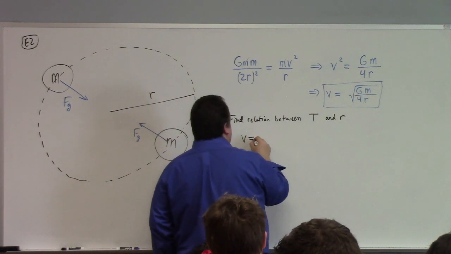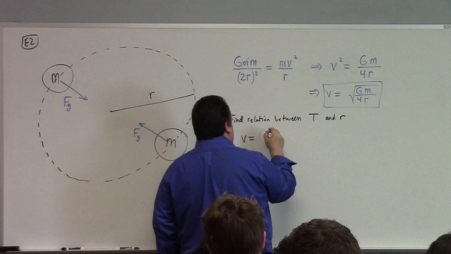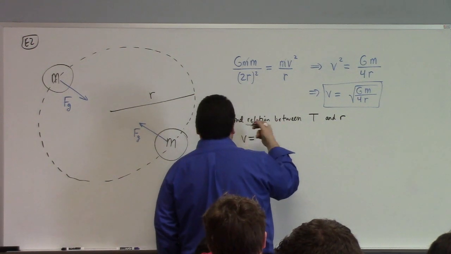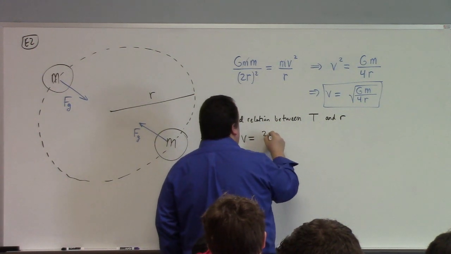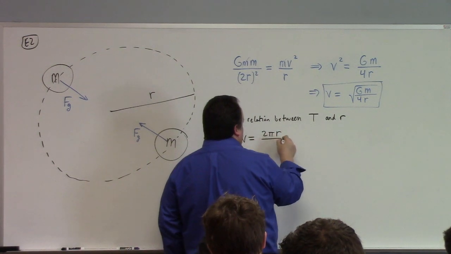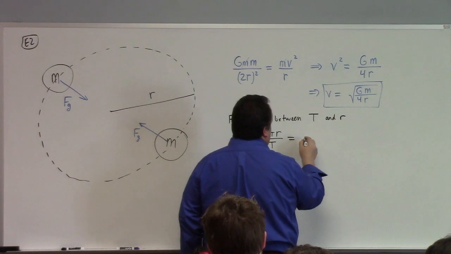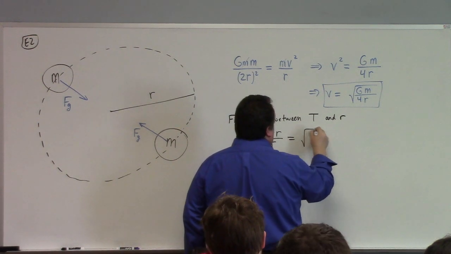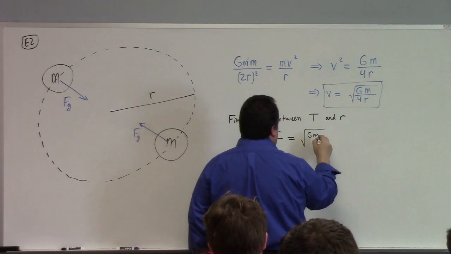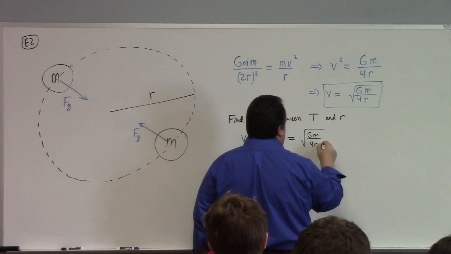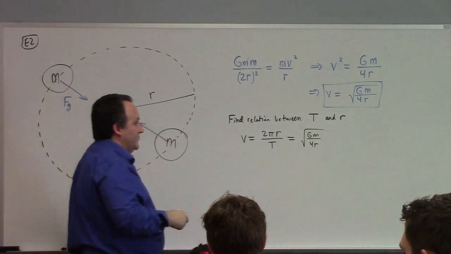Since it's circular and it's constant speed, rather, I should say, velocity is not constant, it's always changing. We got 2 pi r divided by the period is equal to the square root of GM over 4r. You could have jumped back up here and done the algebra wherever you want, but I'm picking up where I left off there.